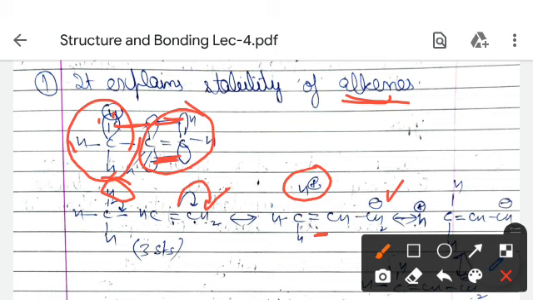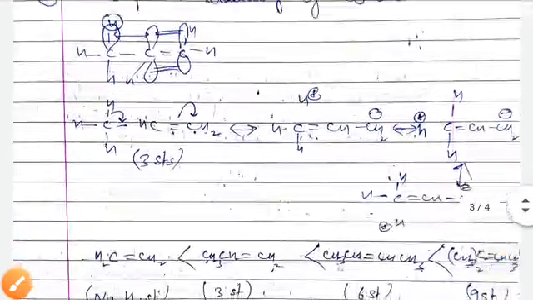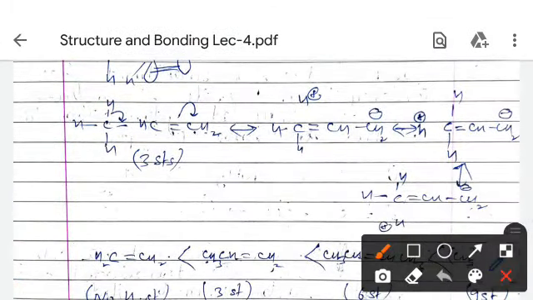Similarly, the next hydrogen can also form a bond with this. The other hydrogen also forms bonds like this. So now this remains with no bond, and these electrons move towards this double bond, and the rest is the same.